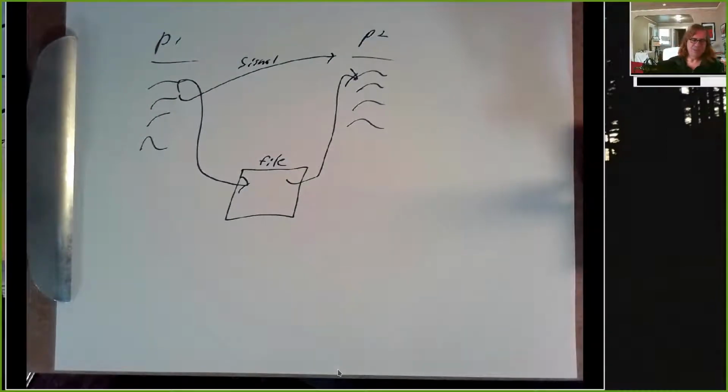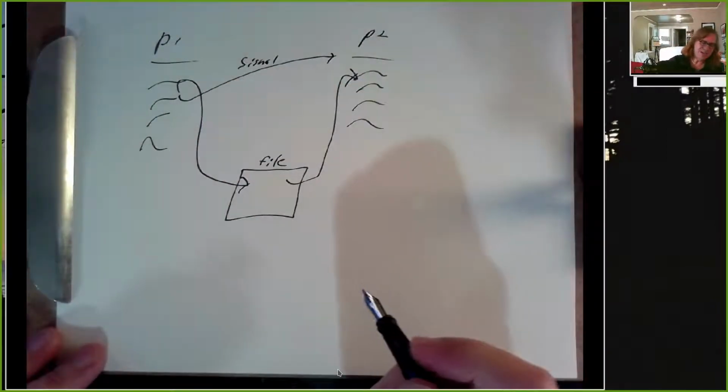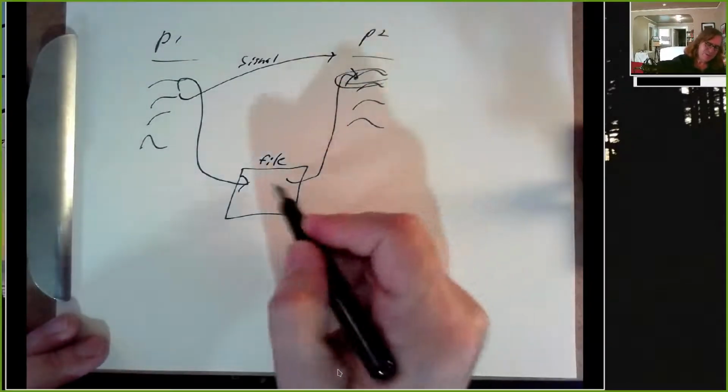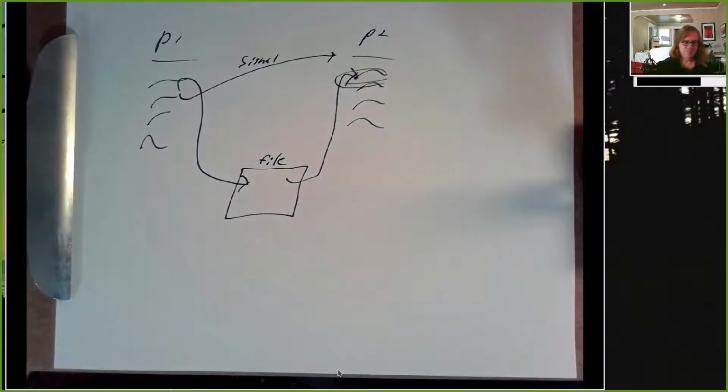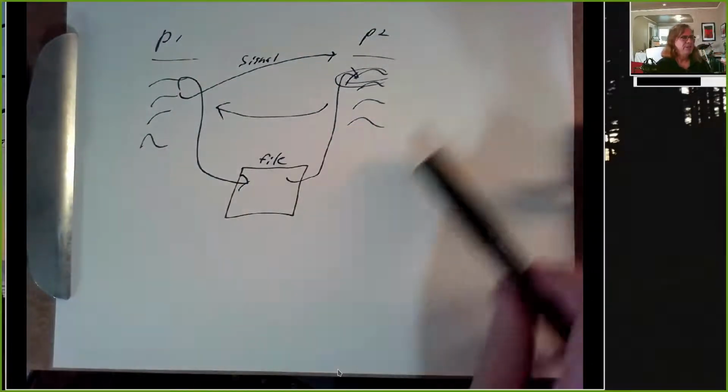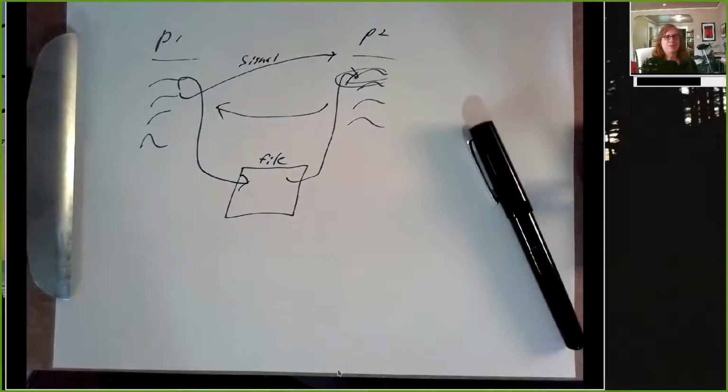And process 2 can be set up so that when it receives that signal, it runs a function in itself that will go off and read from that file. And you can do this bidirectionally if you like. And that's one really rudimentary way that you can set up message passing, information sharing between two scripts.